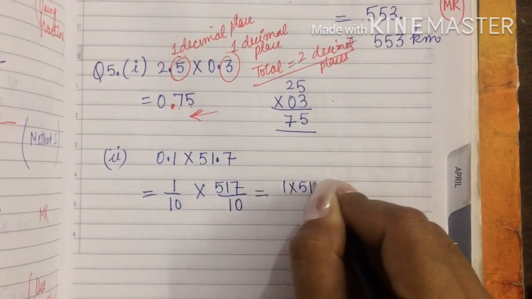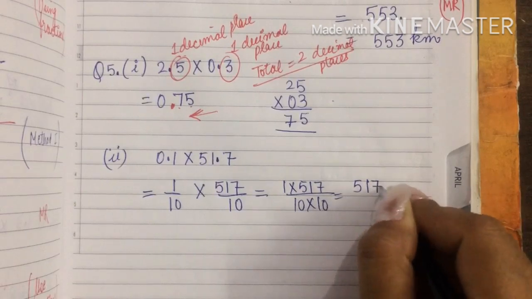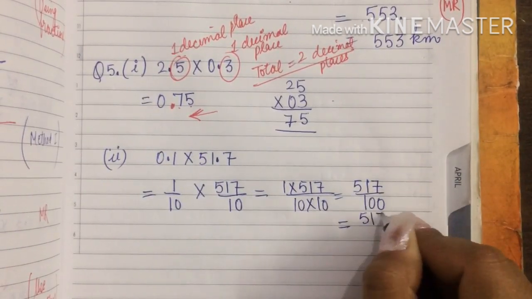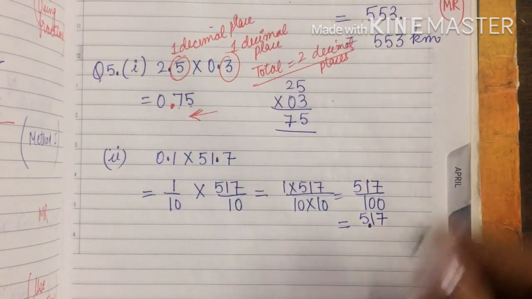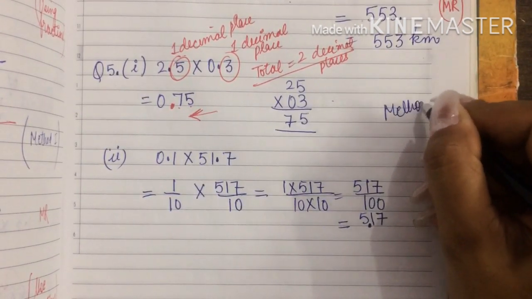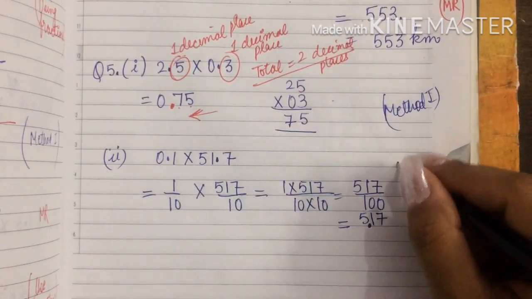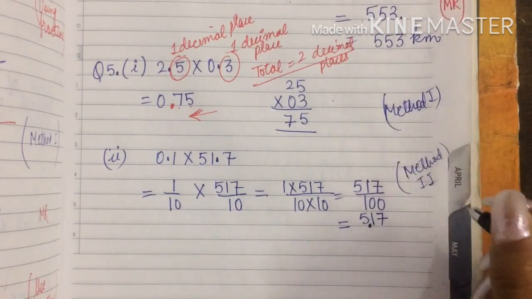Multiplying the numerators, multiplying the denominators, 517 over 100. Put the point back. 2 zeros means the point will be here. This was the first method, where I directly multiply, and this is the second method where I use the fractions.